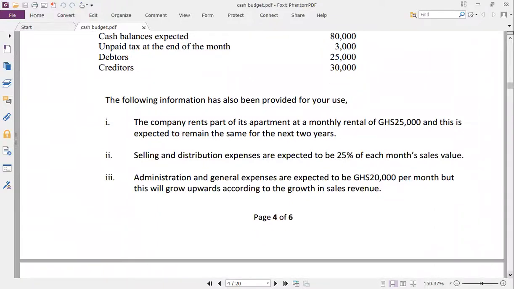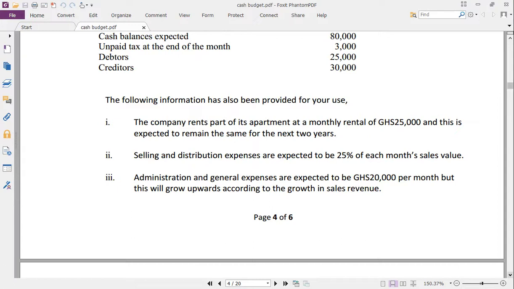Now the following information has also been provided for use. The company rents part of its apartment at a monthly rental of 25,000 cedis, and this is expected to remain the same over the next 2 years.